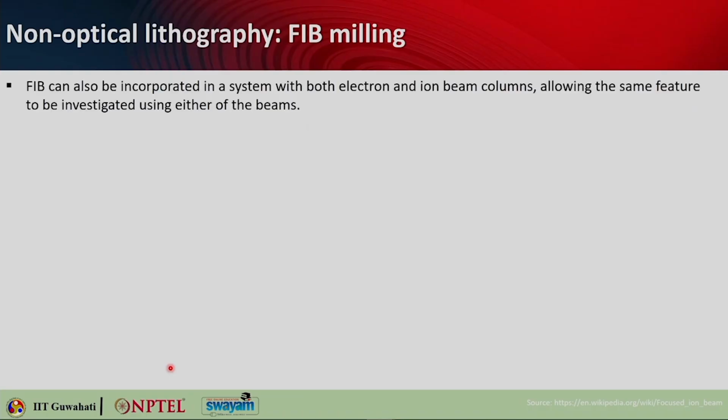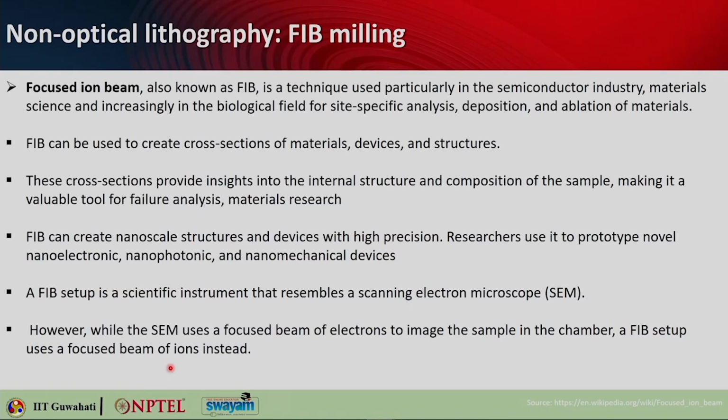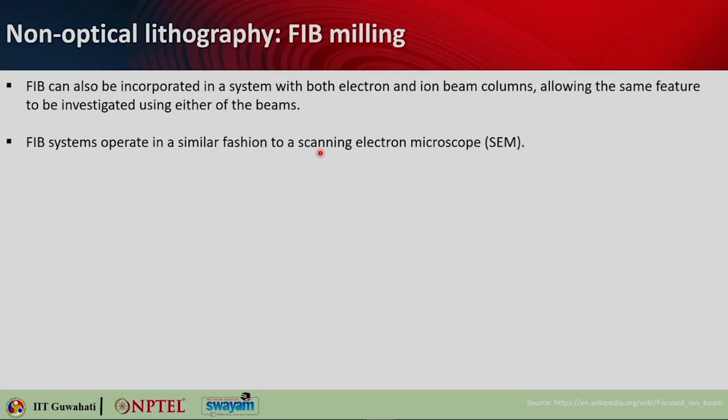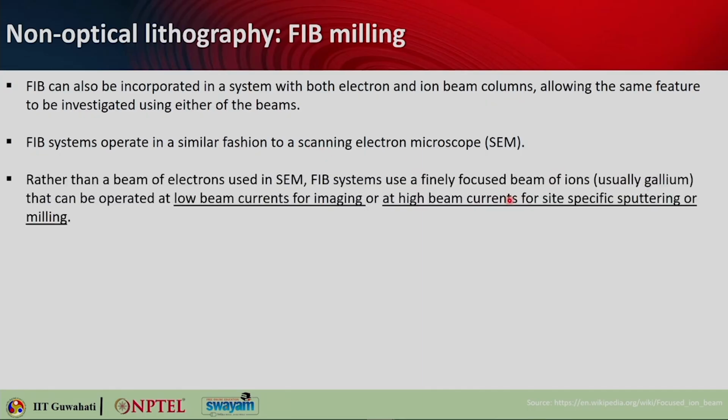That is the main difference between FIB and SEM. FIB can be incorporated in a system with both electron and ion beam columns, allowing the same feature to be investigated using either of the beams. So, you can have this dual functionality, and this is possible because the FIB system works in a similar fashion to a scanning electron microscope.